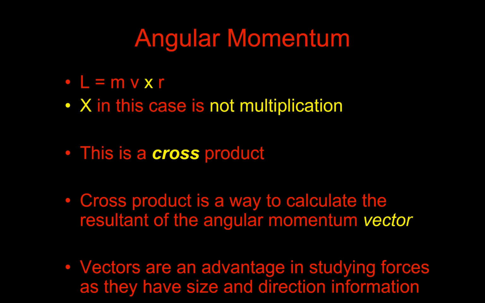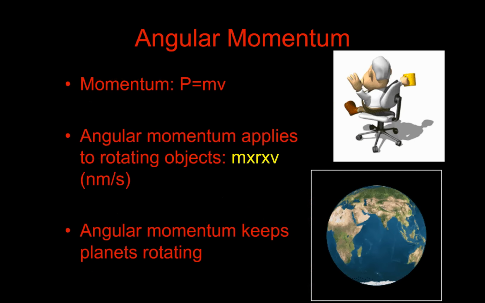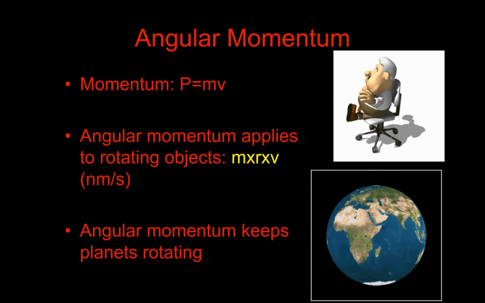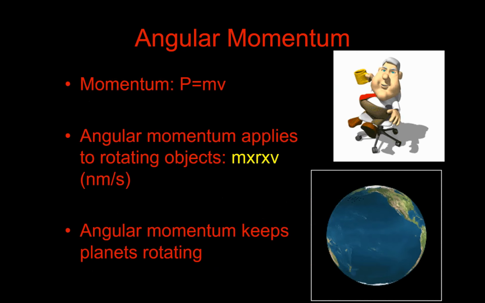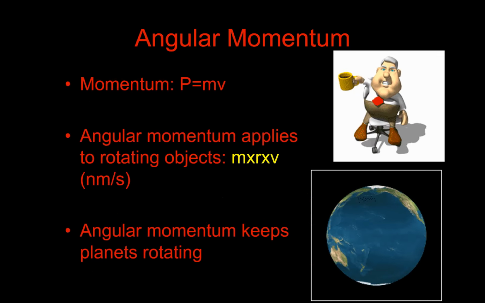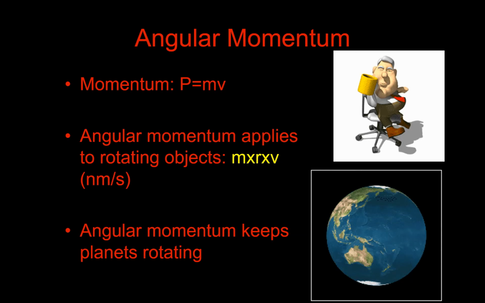So essentially, L is mvr sine of theta, the angle between v and r. So when we're looking at angular momentum, this is again our rotational analog to linear momentum, p equals mv. Now, if we look at this equation, mrv is our magnitude of L. It's a mass, it's a radius, it's a velocity.